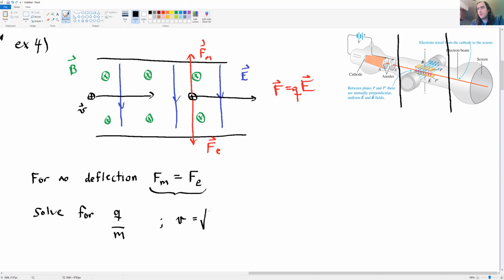V equals the square root of twice q delta V over m. But I want the charge to mass ratio in terms of E and B. Okay, so I want the charge to mass ratio in terms of E and B.